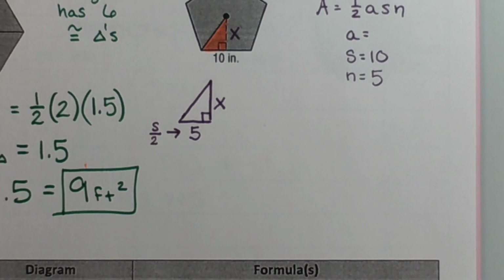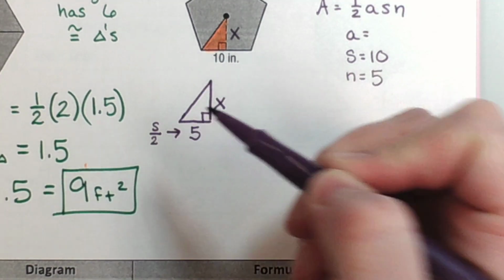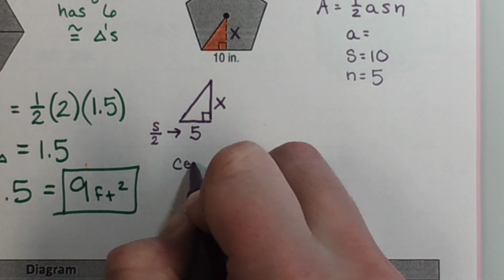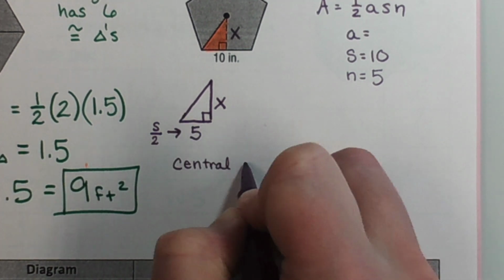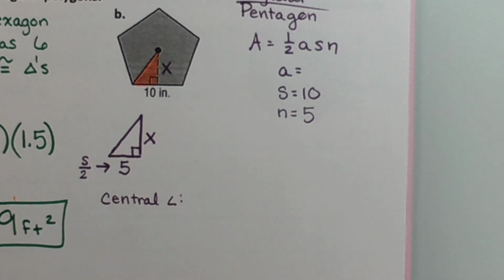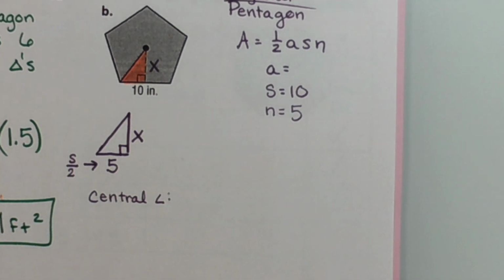Okay. I need to either know the radius or an angle to make this work. I don't know the radius. We already established that. But haven't we talked about angles already? Maybe like a central angle? Is that supposed to be 5 over 2? It was supposed to be an S. Side length divided by 2.